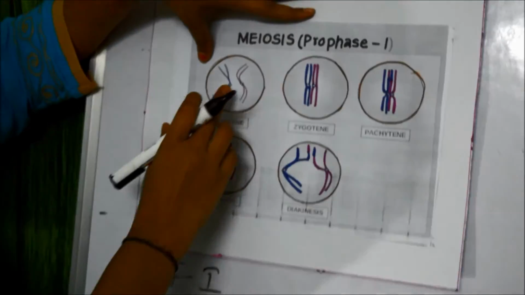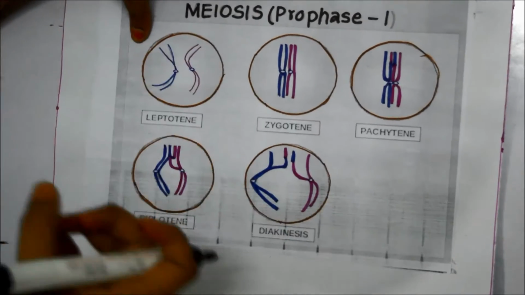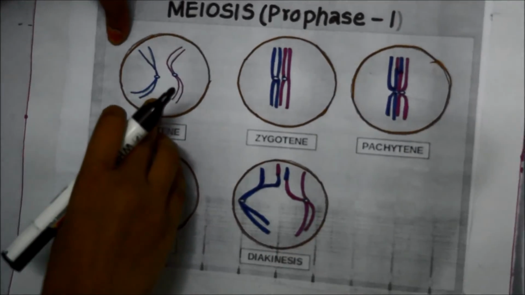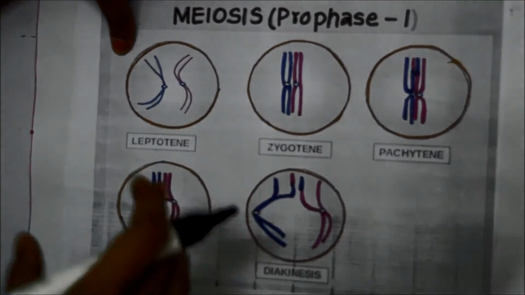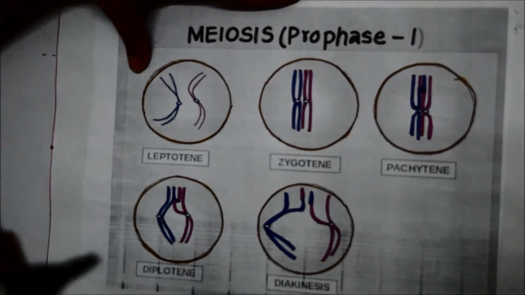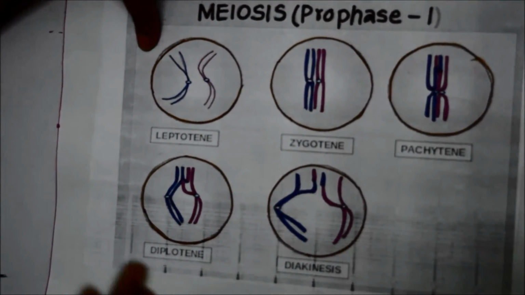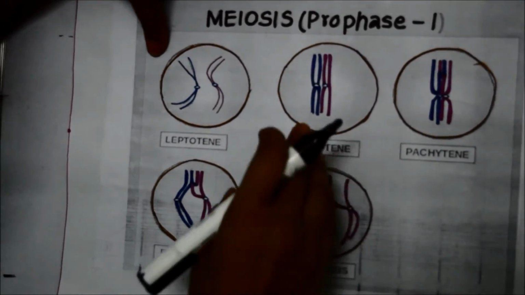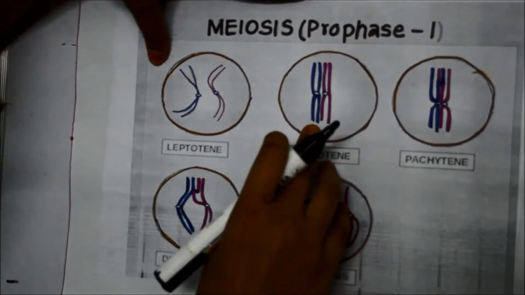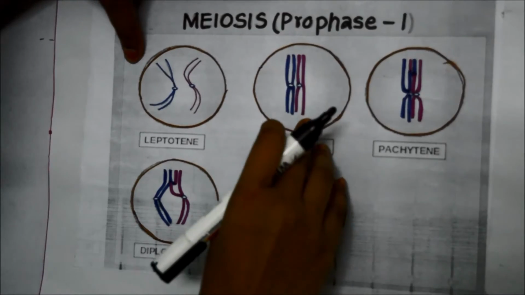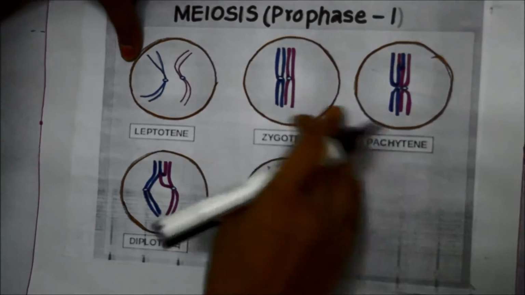Chromatin in the nucleus of the mother cell is condensed and ready to form chromosomes. Each chromosome is ready to pair, one from the mother and one from the father.